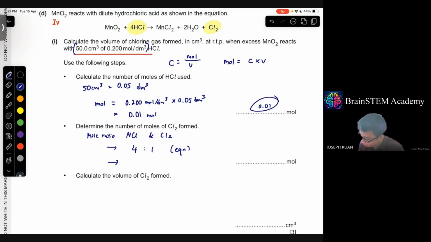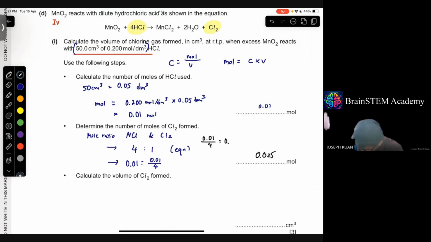So from our question here, in order to use 0.01 mole of hydrochloric acid, it will form 4 times less. So take 0.01 divided by 4, which is 0.0025.